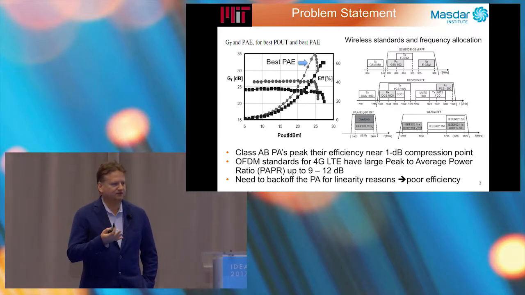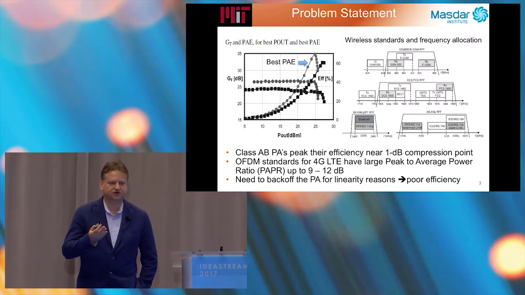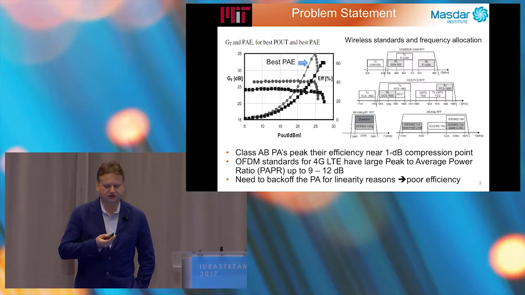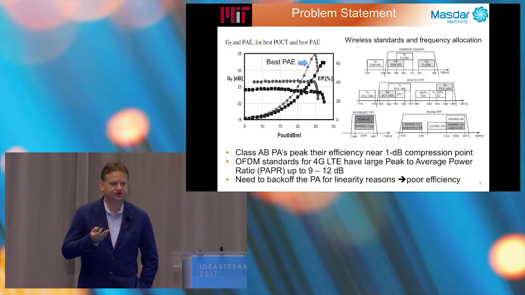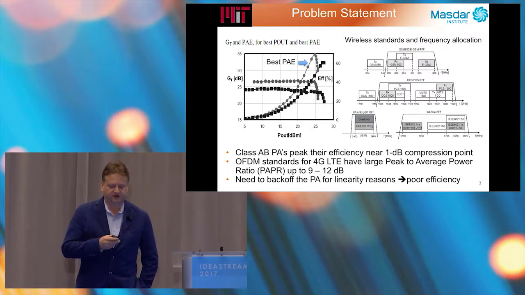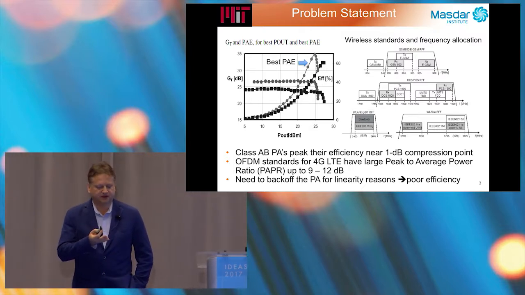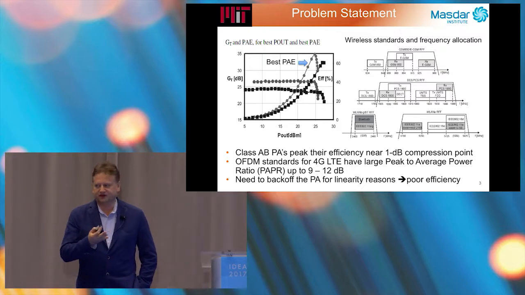And when we are using modern modulation formats like OFDM, 64 QAM, and the newest LTE standards, 4G, we have to deliver very large peak-to-average power ratios. That is why we need to back off the PA by about 12 dB for linearity reasons. So the efficiency, 99% of the time, is around 20%, and that's very inefficient.